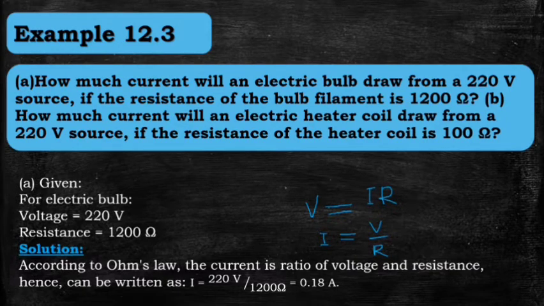And this ampere can be written as milliampere and microampere. Milli is nothing but 10 to the power of minus 3. This we can write as 180 milliampere.